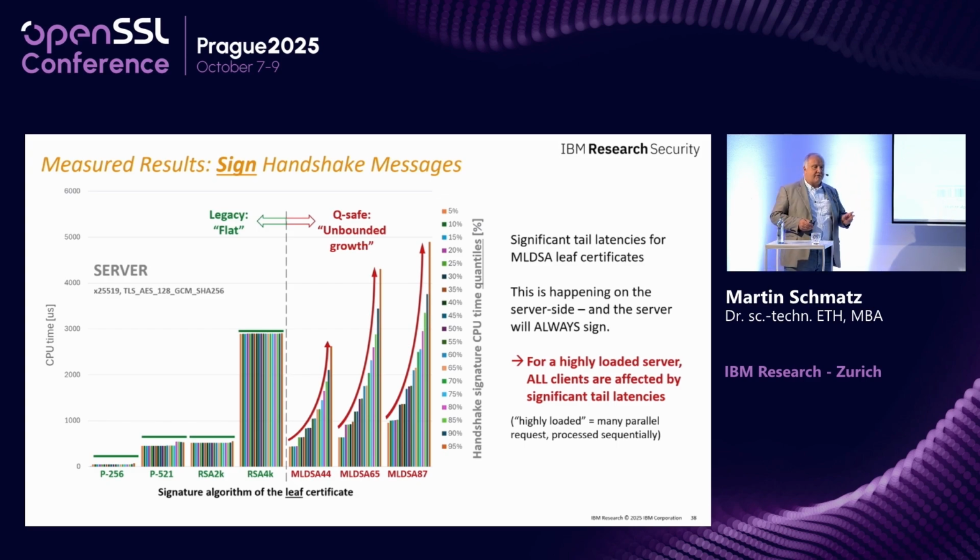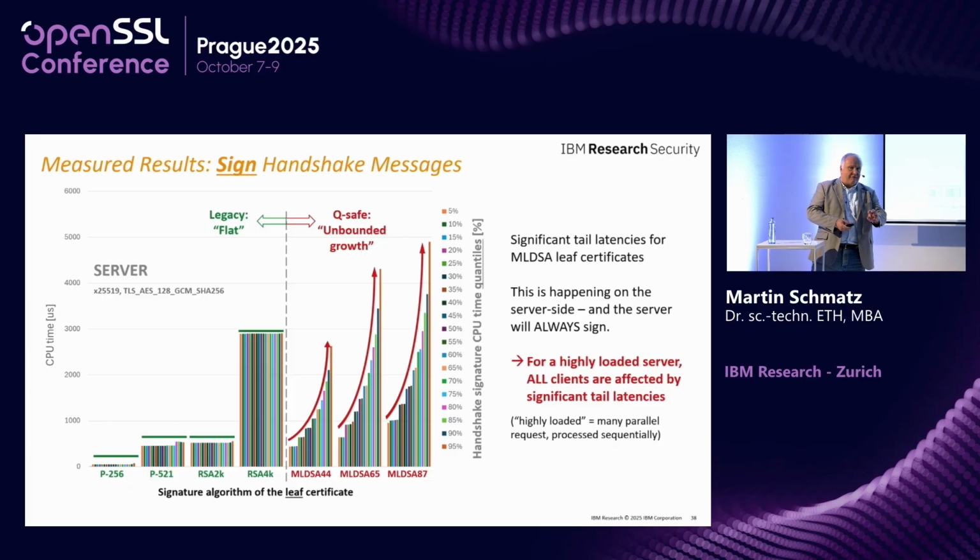Now, why is this so nasty? Well, if the server is highly loaded, meaning typically you have n requests coming in, but you can only process in real parallel, meaning on hardware threads, n divided by a certain factor, this means the other requests pile up. They're just delayed, and then at some point are being processed.